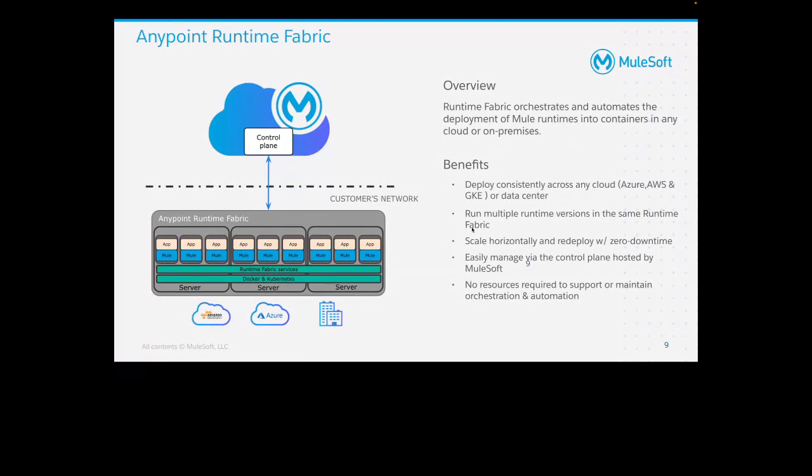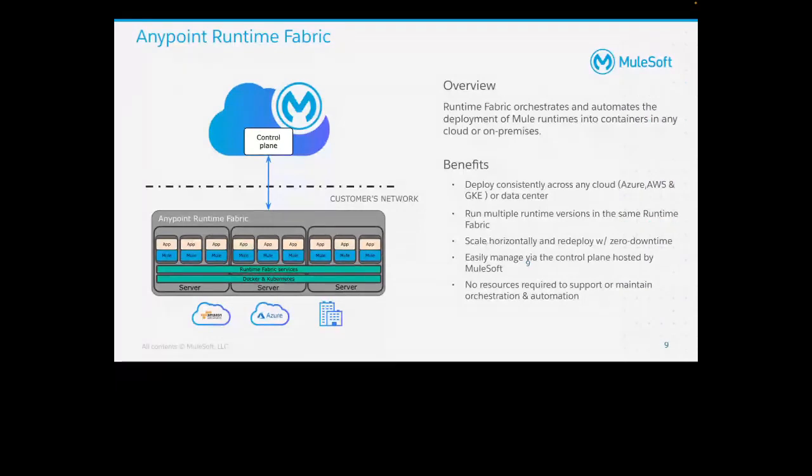Again, new runtime versions can be deployed. It supports multiple different versions, which we've discussed. And about scalability, it gives you horizontal scaling and redeployment with zero downtime. That benefit is not available for on-premise.